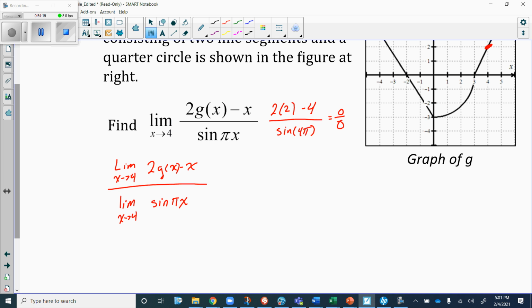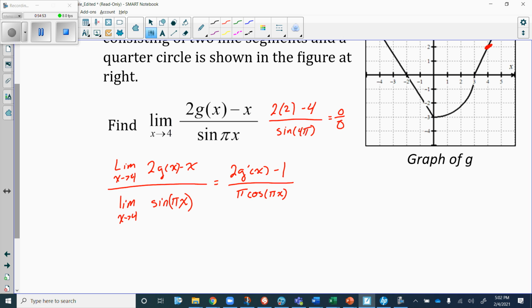So here I'm just showing I'm actually taking the limit of the numerator and the denominator discretely. So the derivative of the numerator in this case would just be 2 times g prime of x minus 1. The derivative of the denominator, we have to use the chain rule because that pi x is inside of the parentheses of sine, so we have to use a chain rule on the denominator, which would give me pi times cosine of pi x.